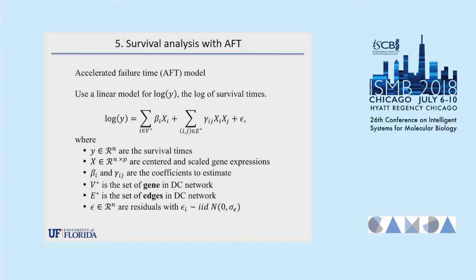Here we have coefficients for each of the genes in the network, the differential connectivity network. And then we have interaction terms for the edges that occur in there. And this is a parametric model, so we can have maybe a log normal distribution or Weibull or some other parametric model.